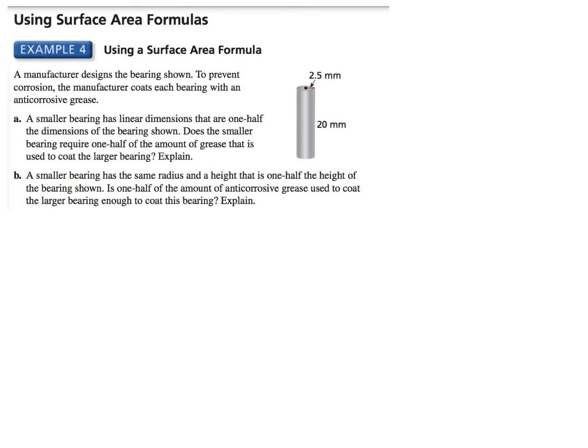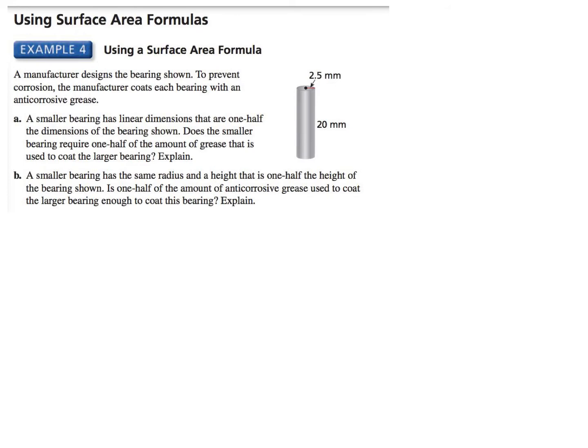So the first thing we need to do is figure out the surface area for the larger and the smaller one to determine what it is. Let's use that surface area formula.